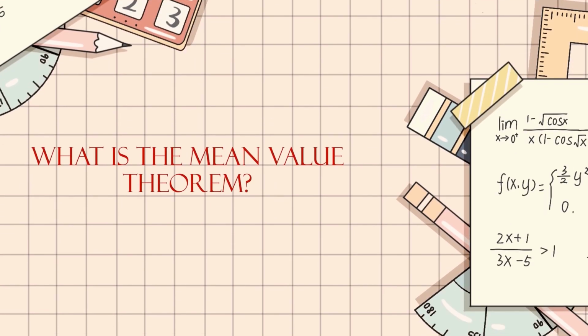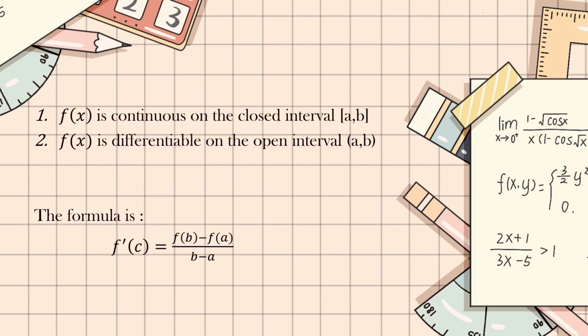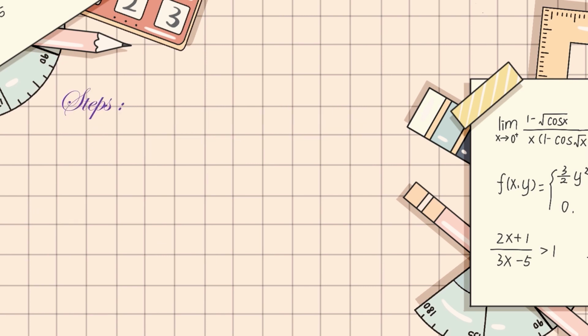What is the mean value theorem? f(x) is continuous on the closed interval [a, b]. f(x) is differentiable on the open interval (a, b). The formula is f prime c equals f(b) minus f(a) over b minus a. So the first step is to find the value of f(a) and f(b). The values of f(a) and f(b) are not equal to 0.